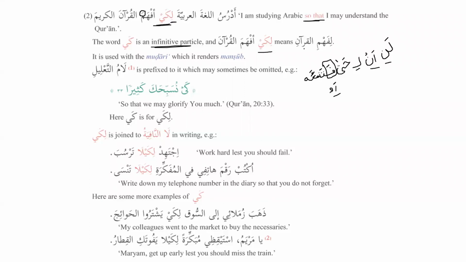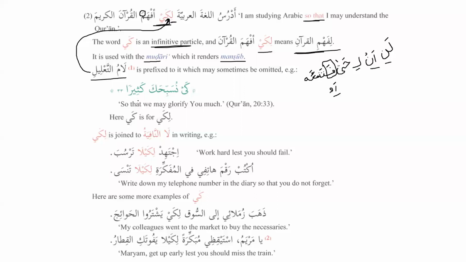Likay afham al-Qur'ana means lifahm al-Qur'ani, for understanding the Quran, or so that I may understand the Quran. It is used with the mudari, and it makes mudari mansub. And here the Sheikh tells us that this is basically la mutalil. So which one is la mutalil? The one that comes before kay. So sometimes it is kay, it is used in the Quran, and sometimes it is used as likay, and both of them have the same meaning, so that.